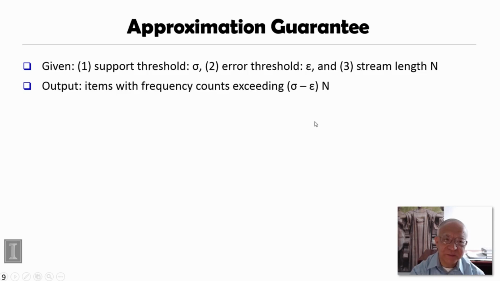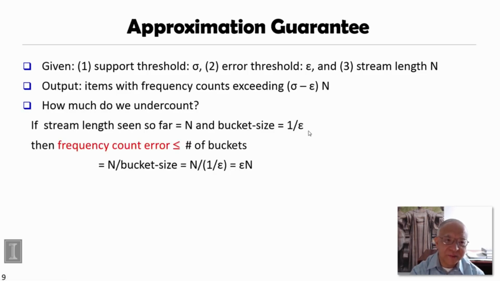The key is because at the end of each bucket, we decrease the counter by 1, so we will undercount something. So the question becomes, how much do we undercount? If the stream length seen so far is n and the bucket size is 1 over epsilon, we can easily determine the frequency counter error should be no more than the number of buckets.